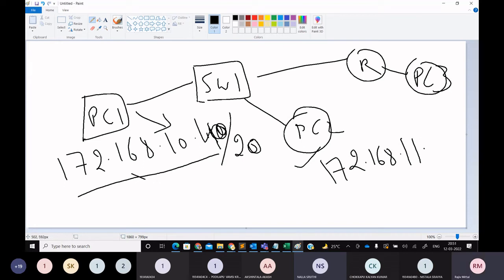Okay, tell me what is the network address you found for this? Can you tell the network address for this? 172 dot 168 dot 0.0. Right.